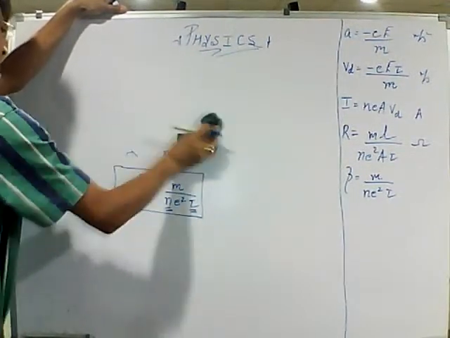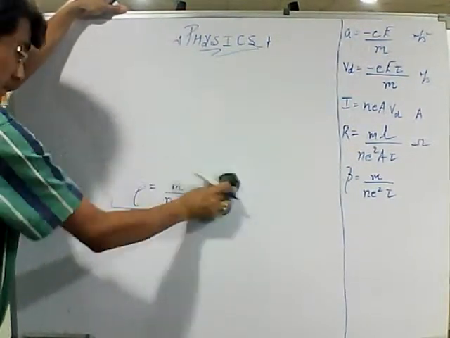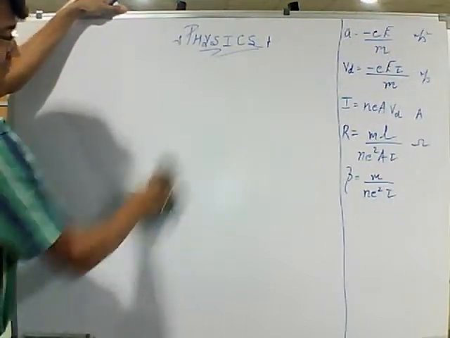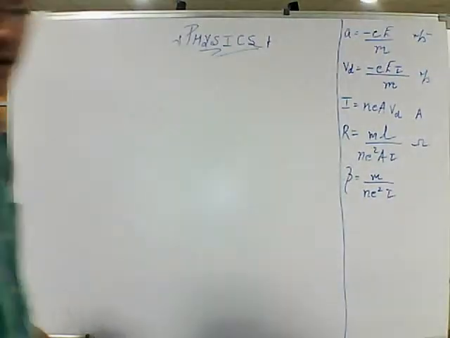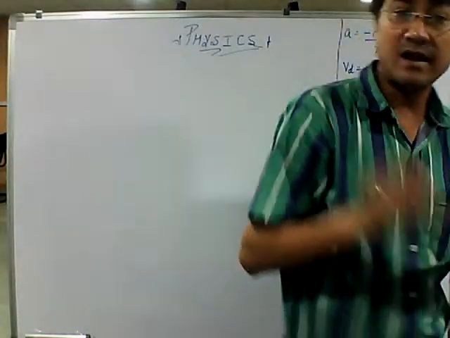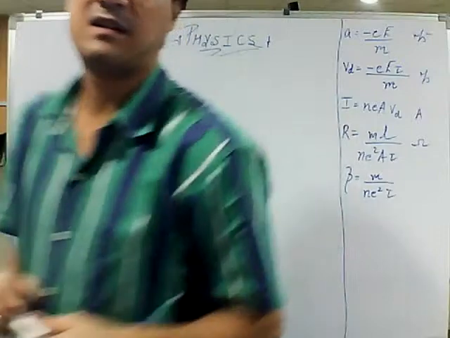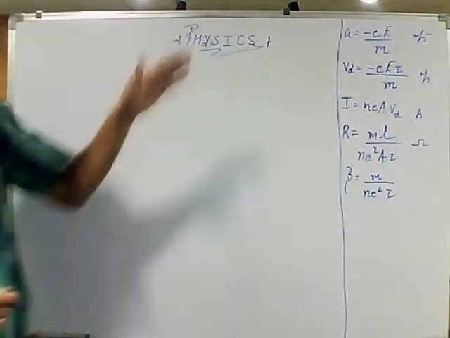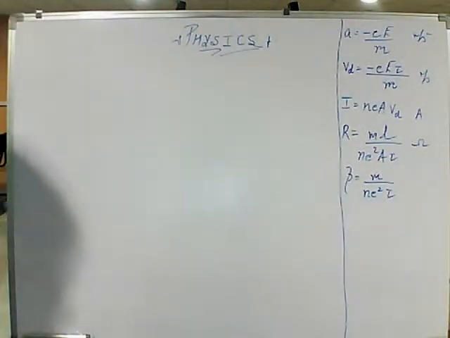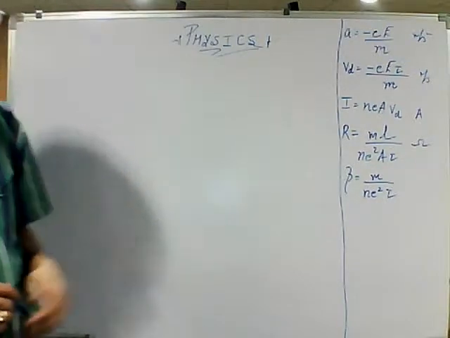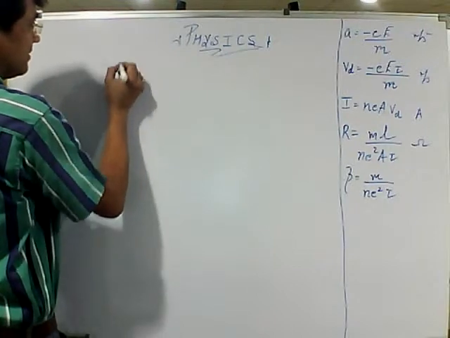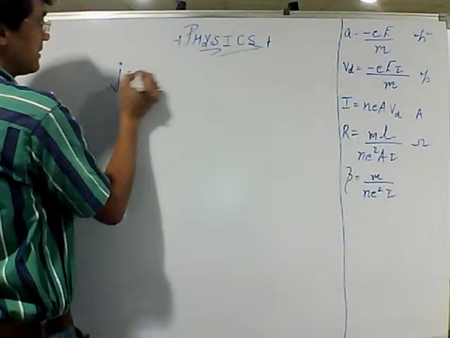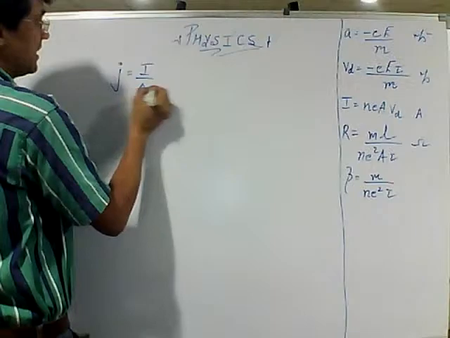Let us find out, from these available expressions, a relation between current density and the electric field. Okay, so let us go ahead. What was current density J? Current density J is the current flowing per unit area, I by A.